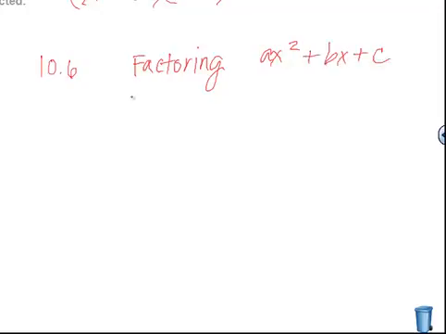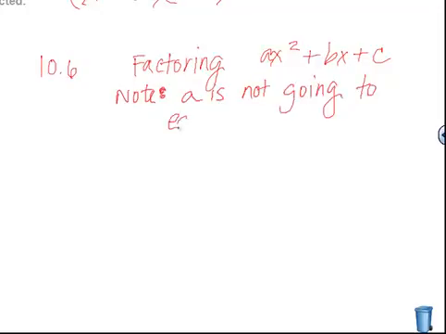In your journal to yourself, what I would note, a is not going to equal 1. Look at the difference between your problems 19 through 21 on the previous page in 10.5 and versus the 22 through 25 set, those problems.